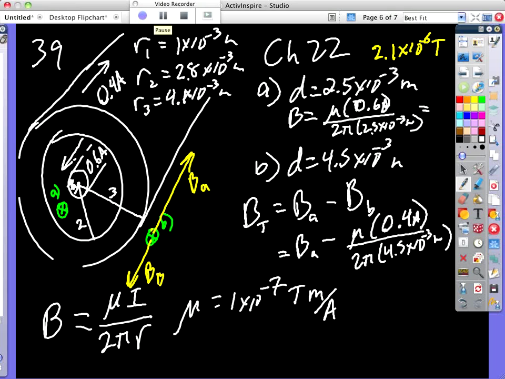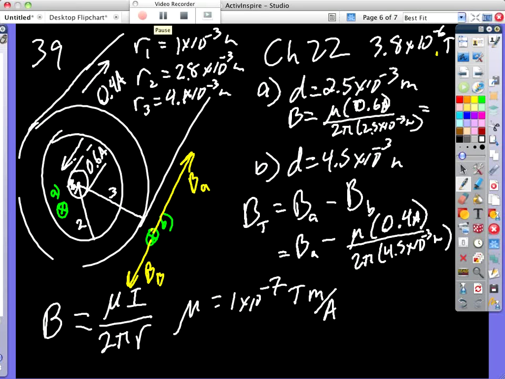So yeah, the top becomes 2.1 times 10 to the minus 6, and then the bottom one, so yeah, we corrected that. That's 3.8 times 10 to the minus 6.